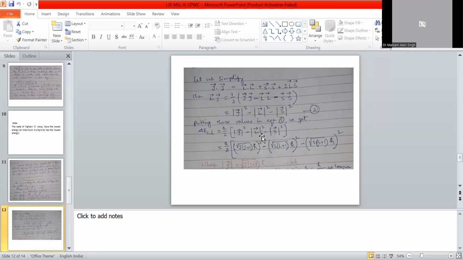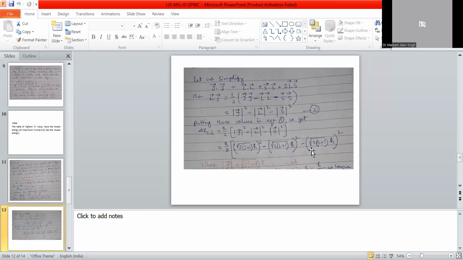By putting the values in equation 1, it is given by this. As we know, the J vector magnitude is root over J into J plus 1, times the reduced Planck's constant to the power 2. The power 2 and the root, the power gets cancelled.